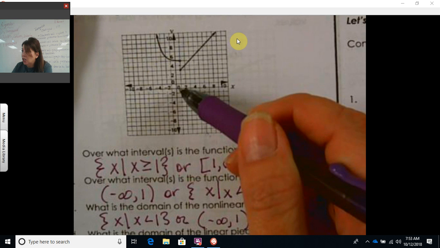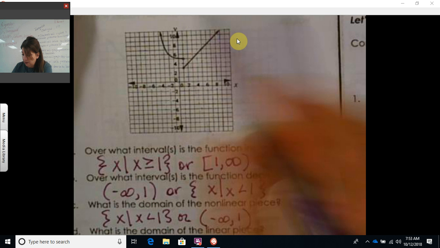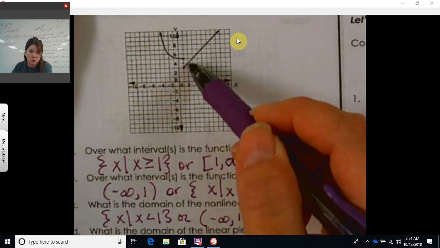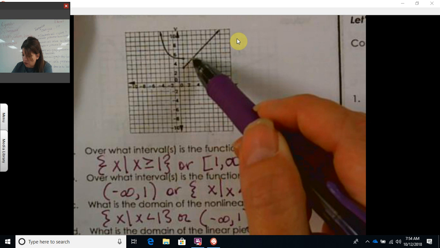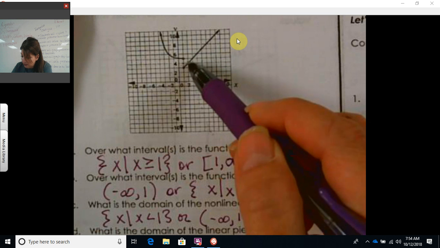What is the lowest y value I have? 3. Do I have a point on my graph that has a y value of 4? A y value of 5? Yeah, on the linear piece, but not on the curve because it's an open circle, right? A y value of 6?